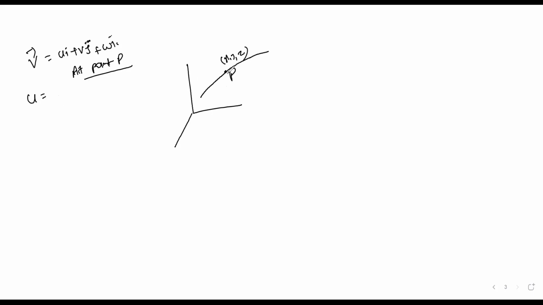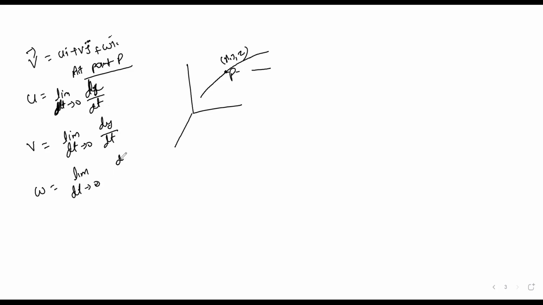Along the x-axis the velocity of the fluid particle will be u, and it is given as limit dt tends to 0 of dx by dt. Similarly, the velocity in the y direction is limit dt tends to 0 of dy by dt. And along w, it's limit dt tends to 0 of dz by dt.